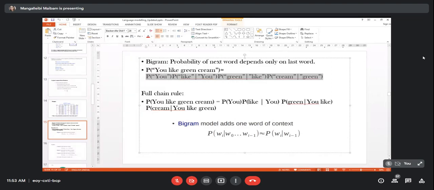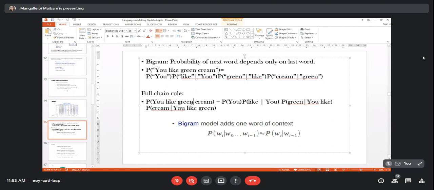And for the full chain rule, here the probability of you, then the probability of like, conditioned on you, then the probability of green, conditioned on you like. That means it is a continuous chain. For the first term, you, it is the condition for the probability of like, which is conditioned on you.